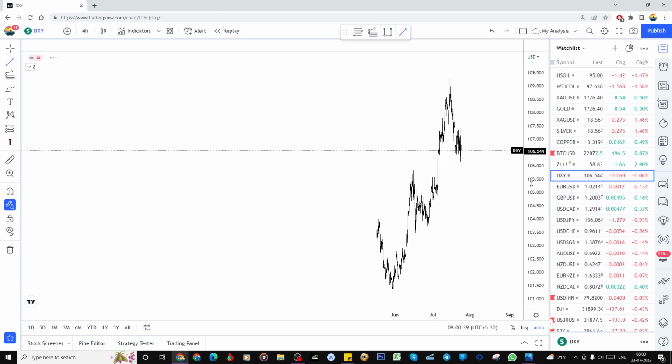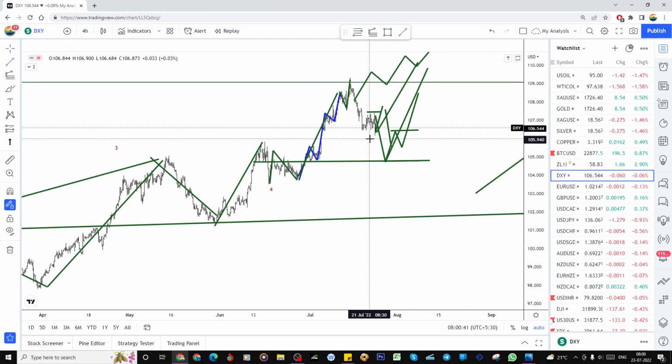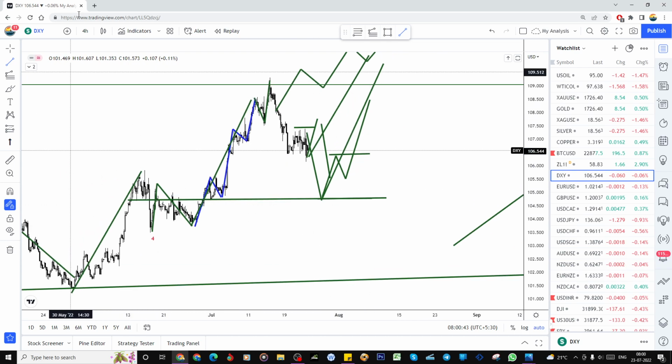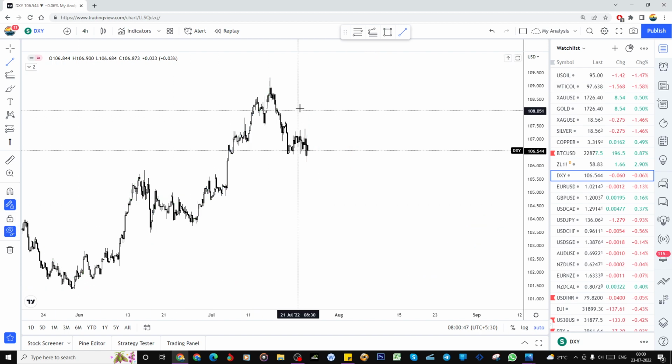So after that, if we come to the DXY, here it is not correlating. Here it is not yet correlated because this is the end of the 5-wave structure. So this is the A, this is the B, and C is not completing.